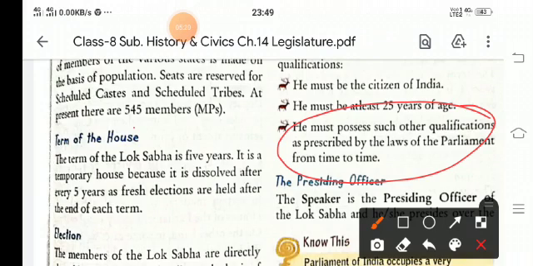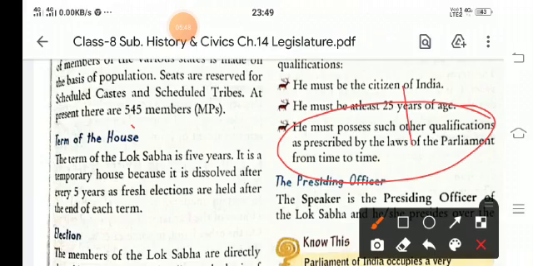Like he must not have a criminal record. He should be mentally sound. He must not have any record in the nearest local police station. Then only he will be allowed to be a member of parliament.